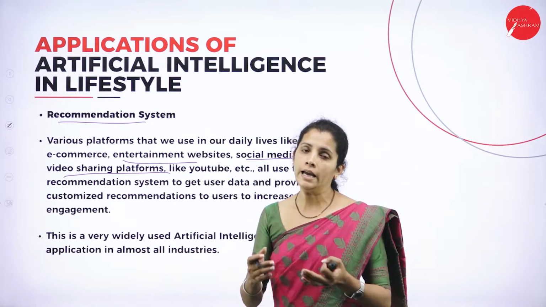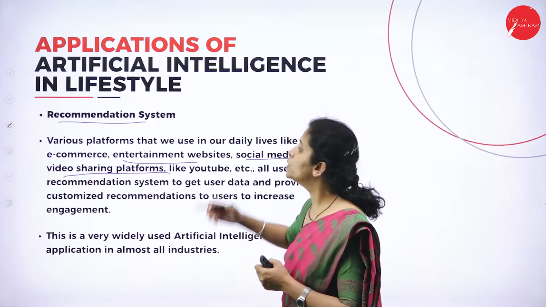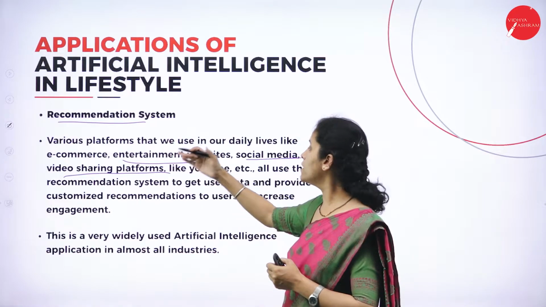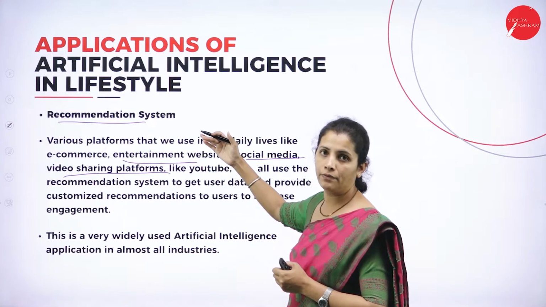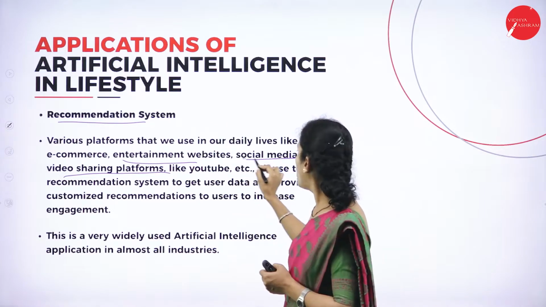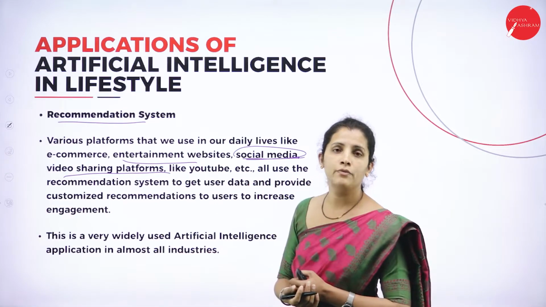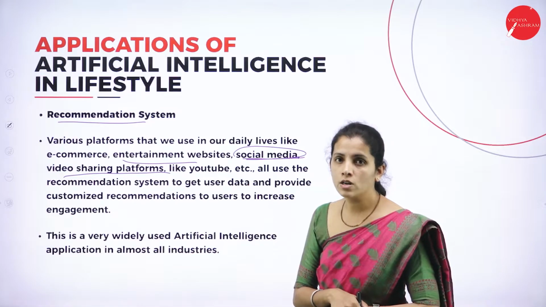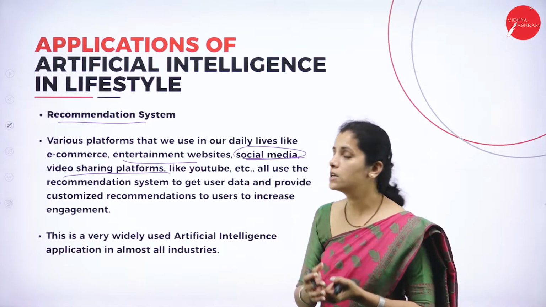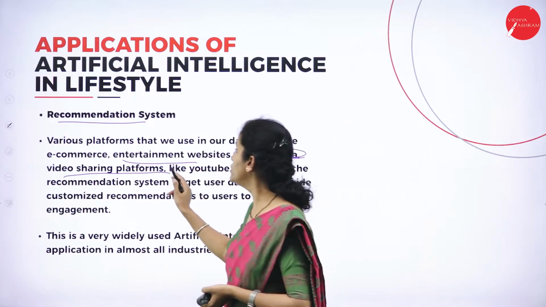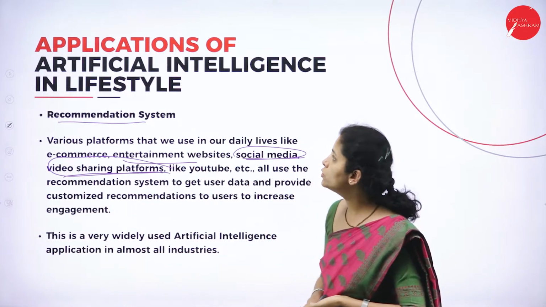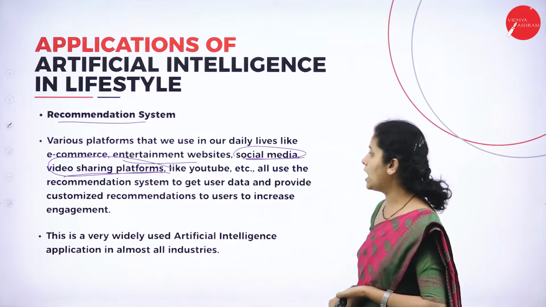In our daily life, we use e-commerce websites as well as entertainment websites like Netflix, Zee5, or social media like Facebook, or even WhatsApp, Telegram, Instagram, etc. and video sharing platforms like YouTube. They are going to make use of AI.